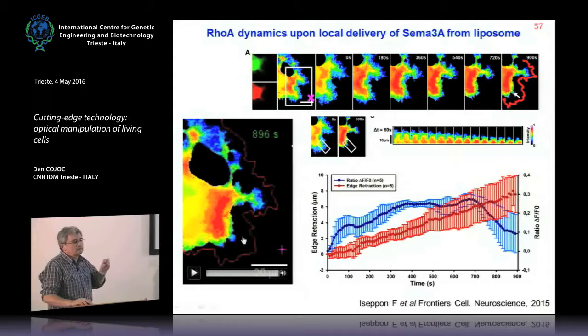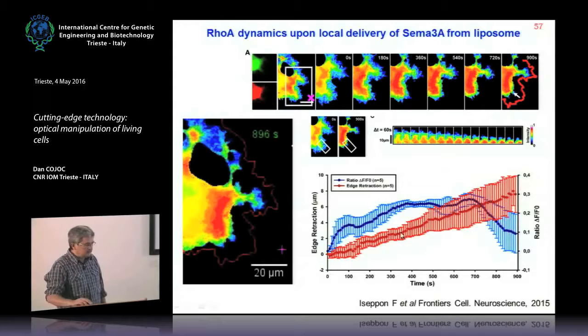Okay? So what we are doing now, we also superpose the morphology, the DIC imaging, which at the beginning was not very successful. So here in this graph, you can observe the edge retraction and the level of the activation of RhoA.